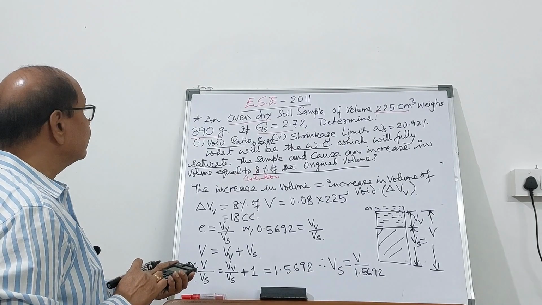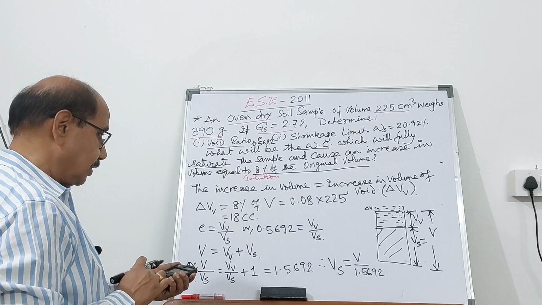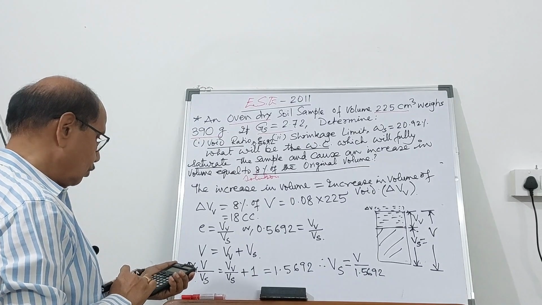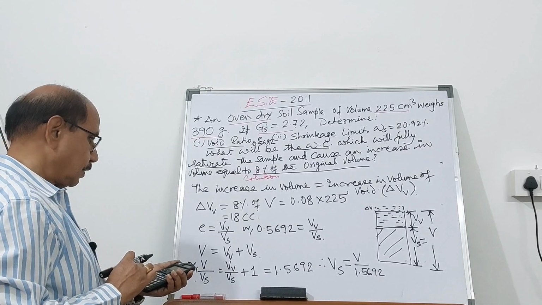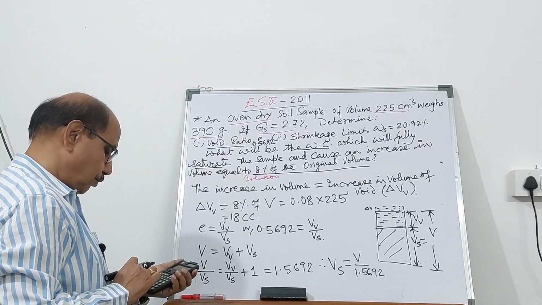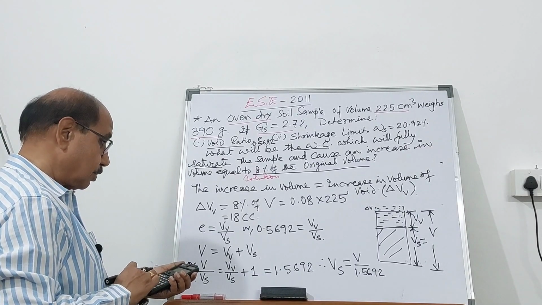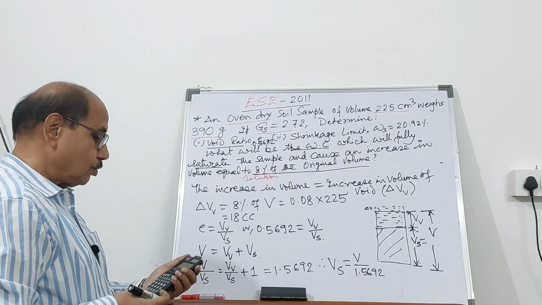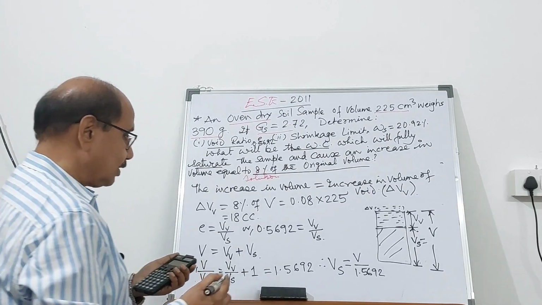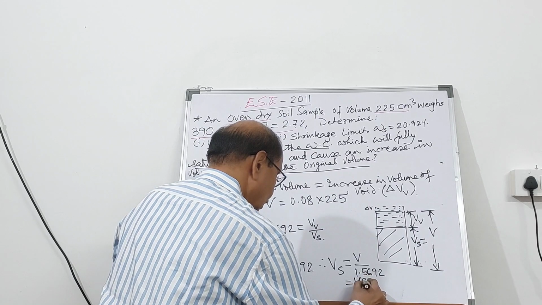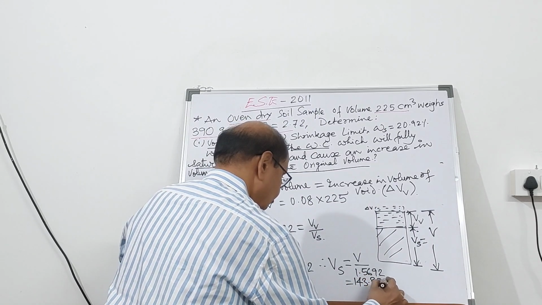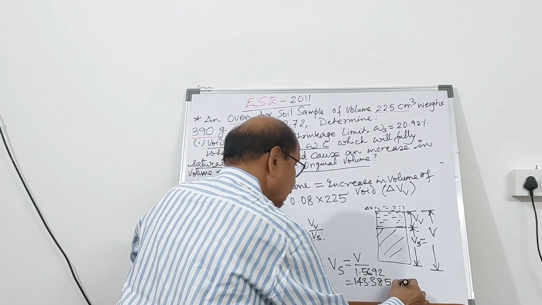So Vs equal to 225 divided by 1.5692, which is 143.385 cc.